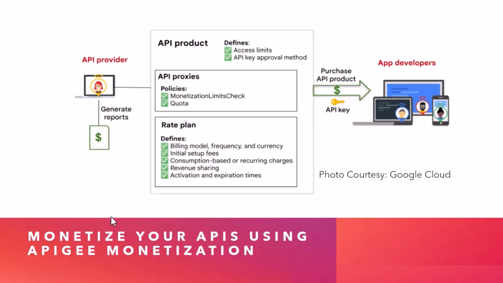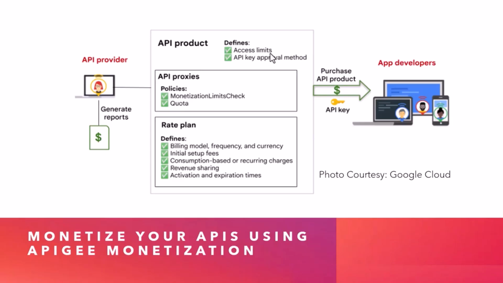So this is a snapshot of a Google Cloud documentation diagram for Apigee monetization, and this looks like a flowchart, you can say a schematic diagram. It's an API provider, and this generates reports, and these are the API provider's API products.